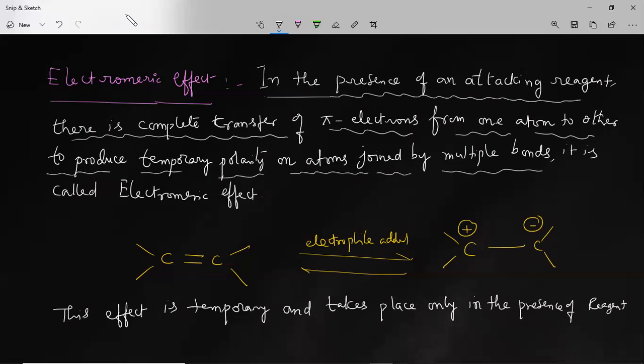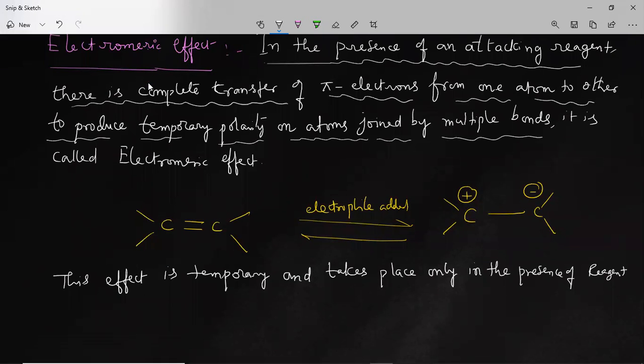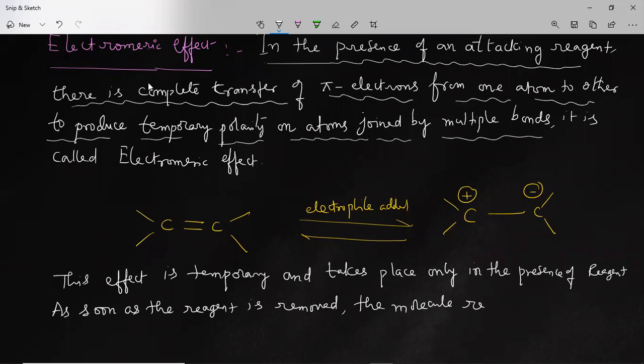So what we will understand here is, as soon as the reagent is removed, the molecule reverts back to its original position.